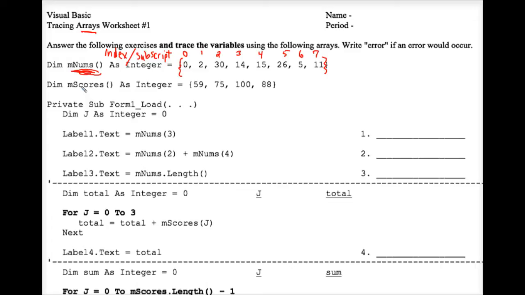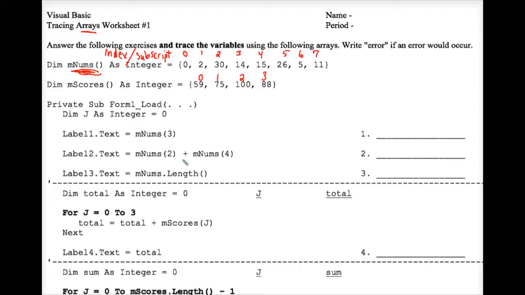Okay, here's another array named mScores, and I will label those numbers that are in the array with subscript positions. We always start at 0. That's just the way it works. And I want to make a point that's quite tricky if you don't pay attention to this.